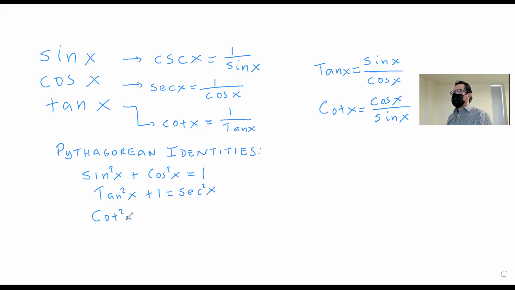And cotangent squared of x plus 1 equals the cosecant squared of x. These are going to be the basic building blocks that we're going to be using to solve trigonometric identities.